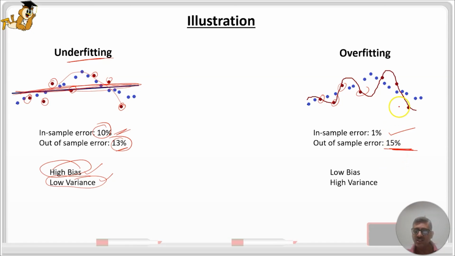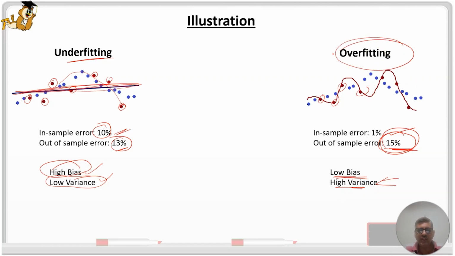This is the scenario where my hypothesis set had complex functions. I did a pretty good job of nailing the training data, but we still had a large out-of-sample error, and this is what we call high variance. It had low bias because our hypothesis set did have complex functions. So this is an example of low bias, high variance, and this is exactly what is called overfitting.